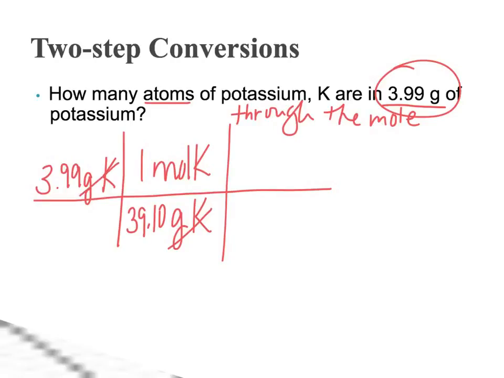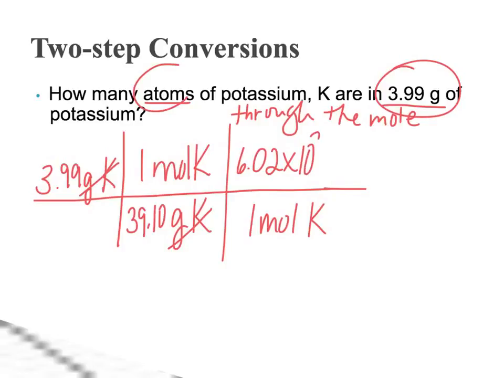So now my grams of potassium are canceling out, and now I need to use Avogadro's number because I want to get rid of moles and because I'm ultimately trying to go to atoms. So I would say 1 mole of potassium, and in every 1 mole of potassium, there are 6.02 times 10 to the 23rd atoms.